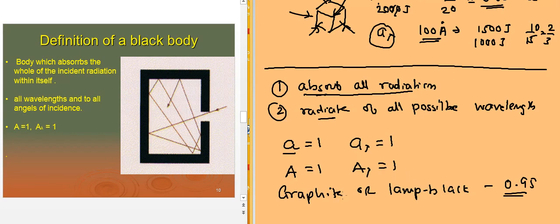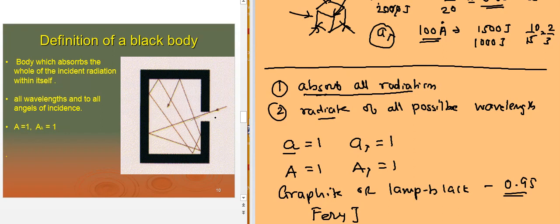For practical purposes, Perry designed a black body for us to understand the concept, and this diagram shows Perry's black body. Let's say we have an object with just one opening over here, and radiations come through this and get reflected inside, and this radiation in some ways gets trapped.